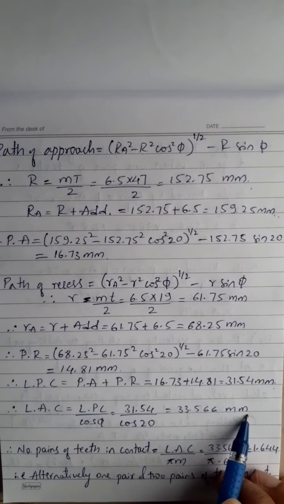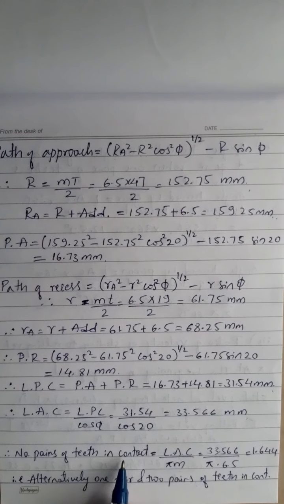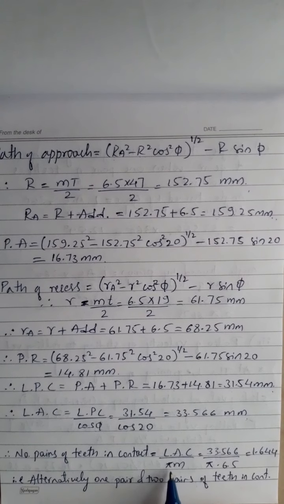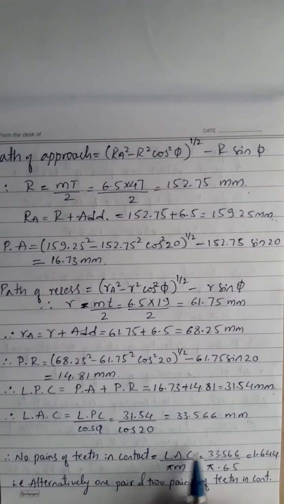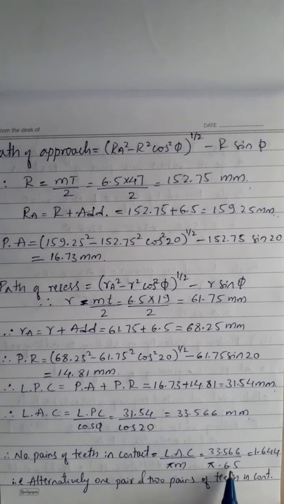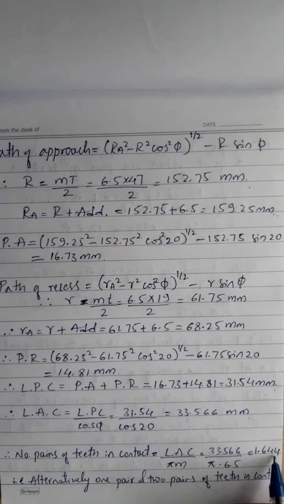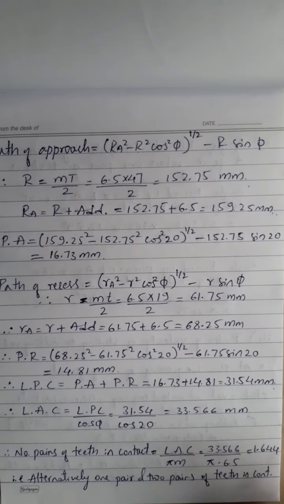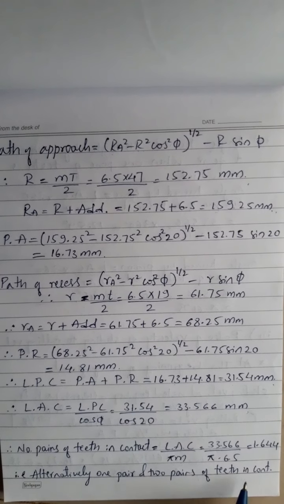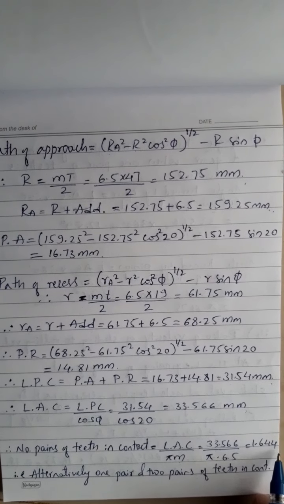With the help of this, we can now find the number of pairs of teeth in contact, which is given by the length of arc of contact divided by the circular pitch, that is pi into m. So the length of arc of contact is 33.566 divided by pi into 6.5, the value of the module. So here we get 1.644. That means alternately one pair and two pairs of teeth are in contact, and on a time basis the average is 1.644.